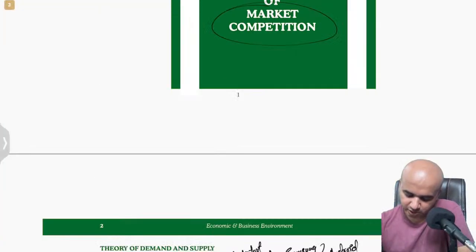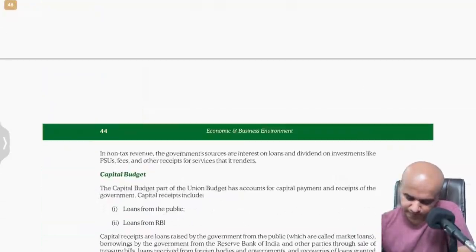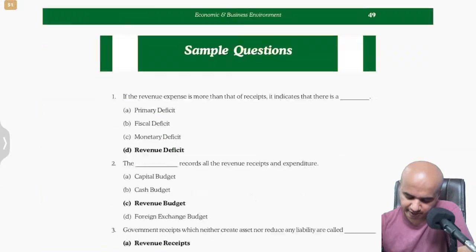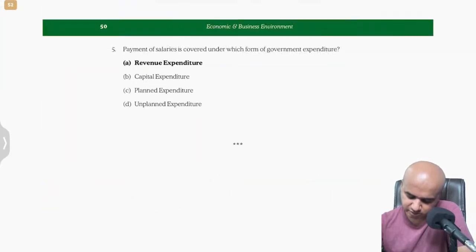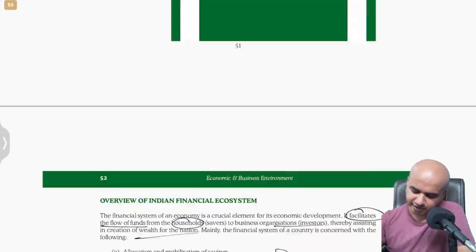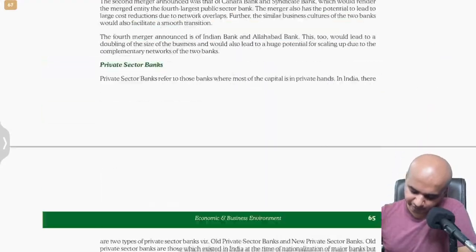Okay. So I believe we were in chapter 4, almost at the end. Yeah, this is chapter 4, no? Financial markets. Almost at the end of chapter 4, I believe.